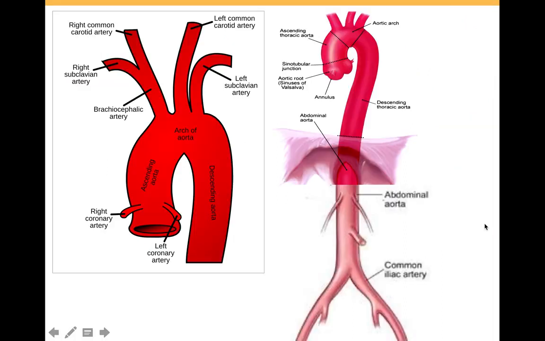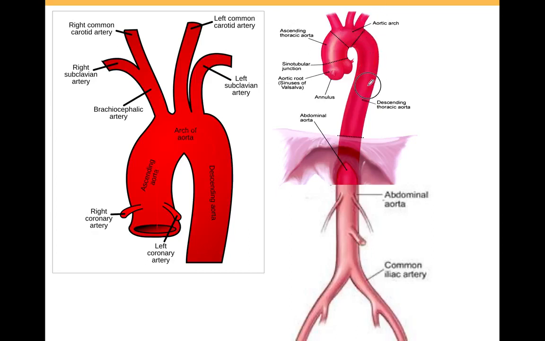So here's what I was trying to draw for you on the previous picture. This is coming from your left ventricle, becomes the ascending aorta. You see these 2 tiny branches coming off, which are your coronary arteries supplying the heart, goes through the aortic arch, and as it comes off of the aortic arch, the first branch is brachiocephalic, second branch is left common carotid, and the third branch is left subclavian artery.